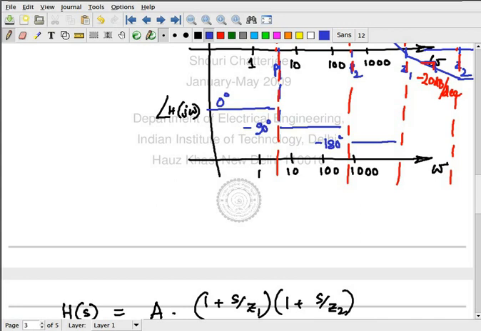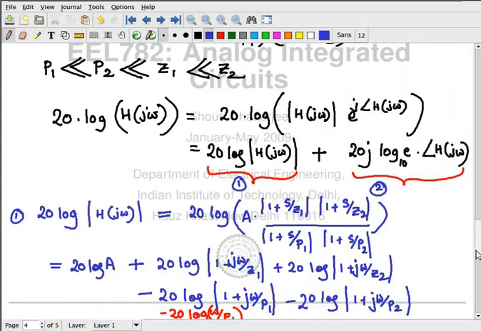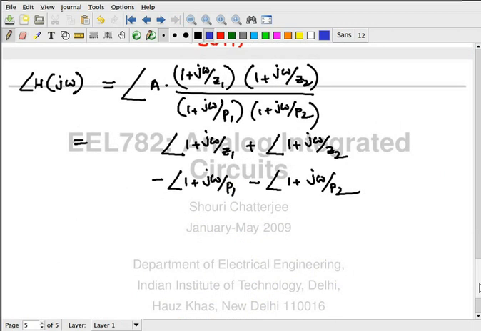And then suppose Z1 and Z2 are positive quantities here. Then what's going to happen? Minus 90, minus 90, plus 90. So one of those minus 90 is being cancelled out. Okay? And because of Z2, it's going to go back to 0.